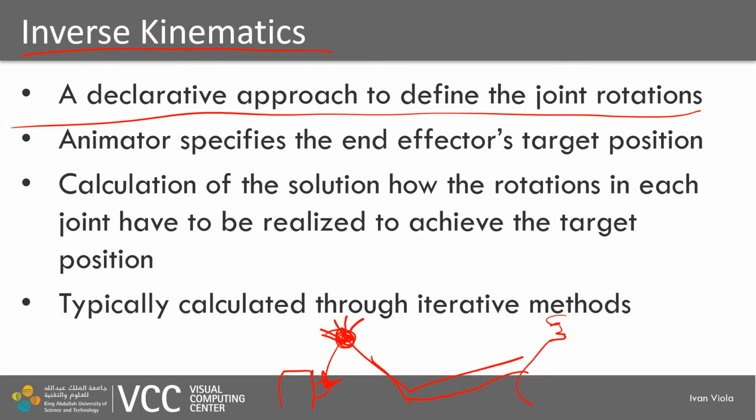And in order to achieve that, we need to calculate what is the angle at our elbow joint and what is the angle at our shoulder joint, which realizes this motion. And perhaps even if we have certain angles here so that we can hold the cup and not only come near to it, we will probably need some angles associated with the wrist joint. So the animator specifies the end effector's target position, and the calculation of the joints is realized by the system.